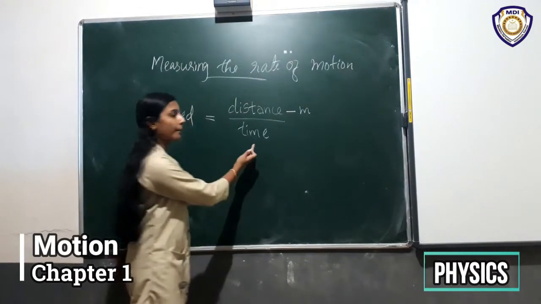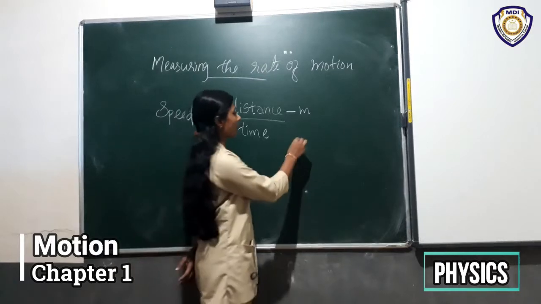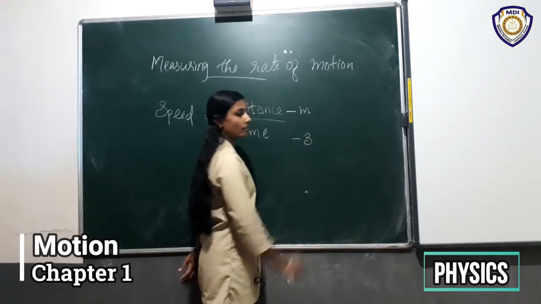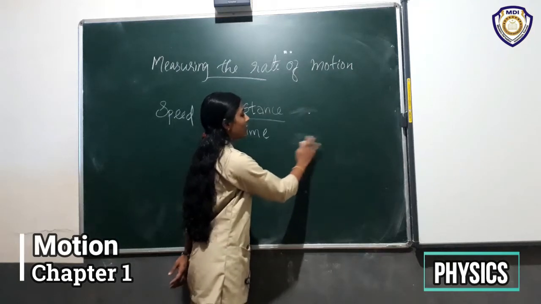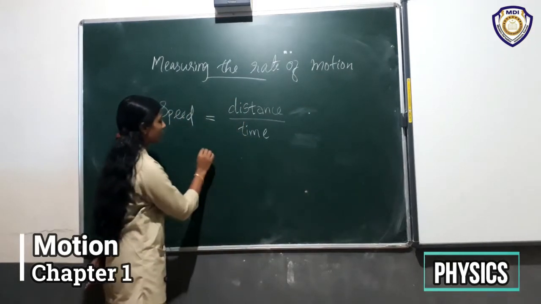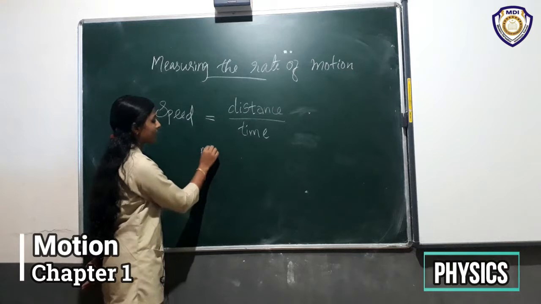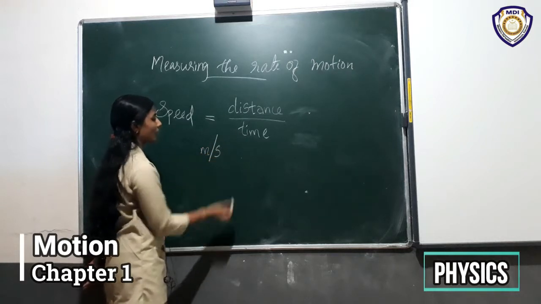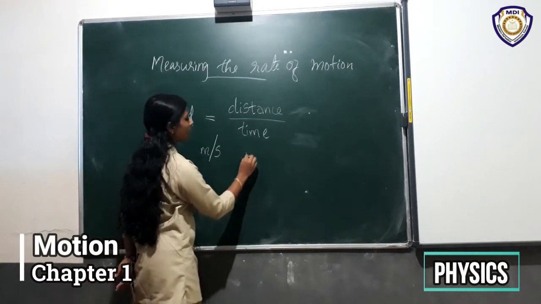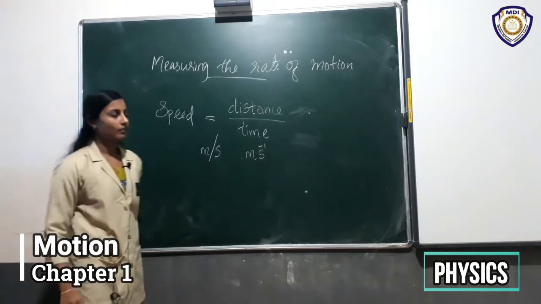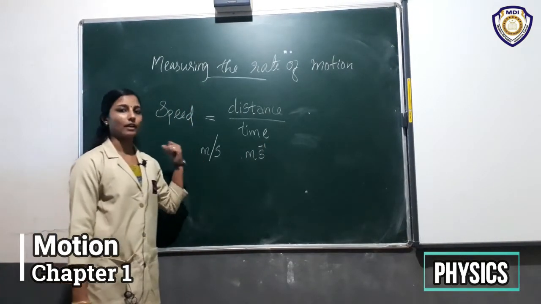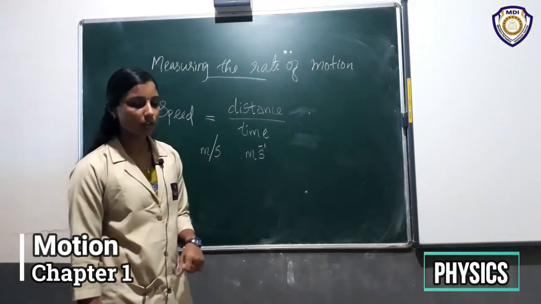And the SI unit of time is seconds, right? So the unit of speed would be meter per second, or it can be written as meter second inverse, right? This is the unit of speed.